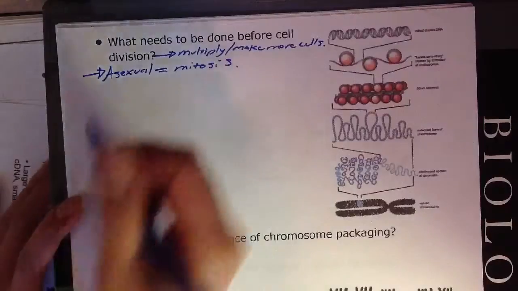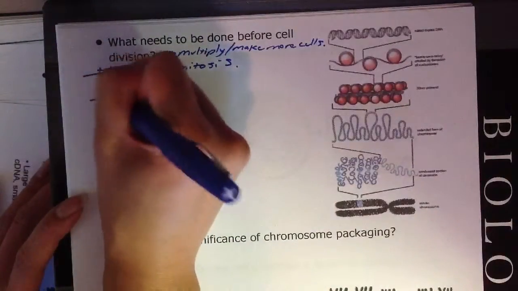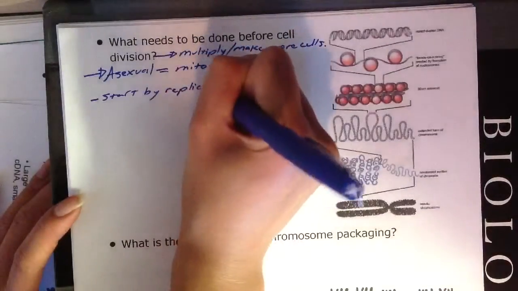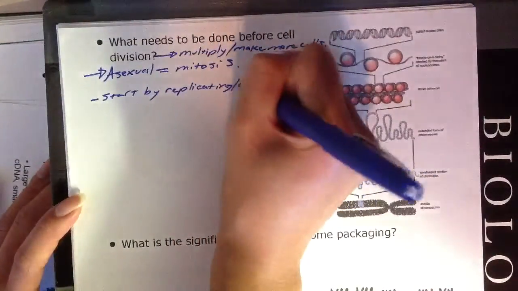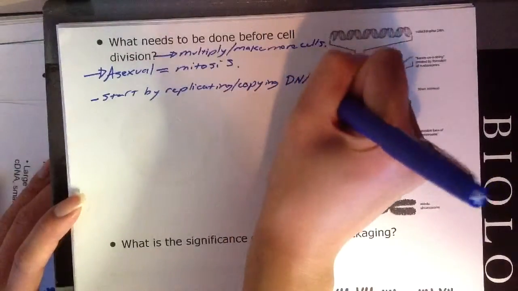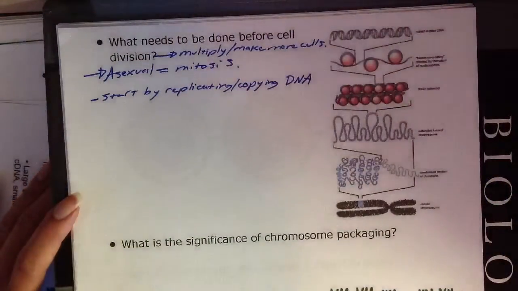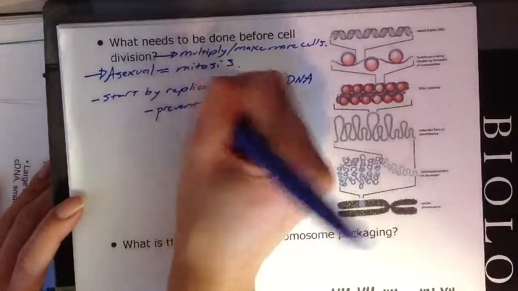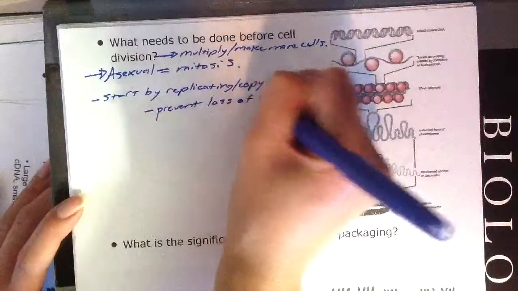In mitosis, we will actually start by replicating, or copying, our DNA. And the reason why we want to copy our DNA is to prevent the loss of DNA.